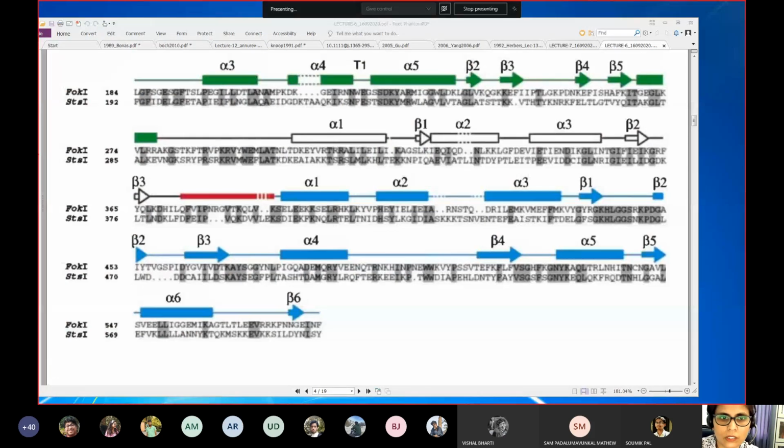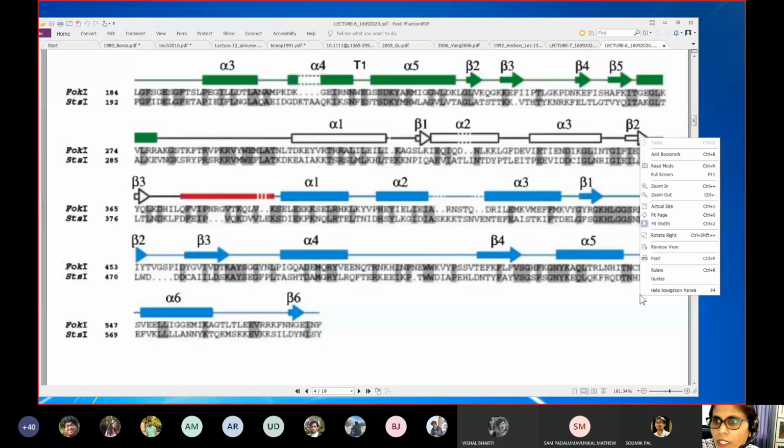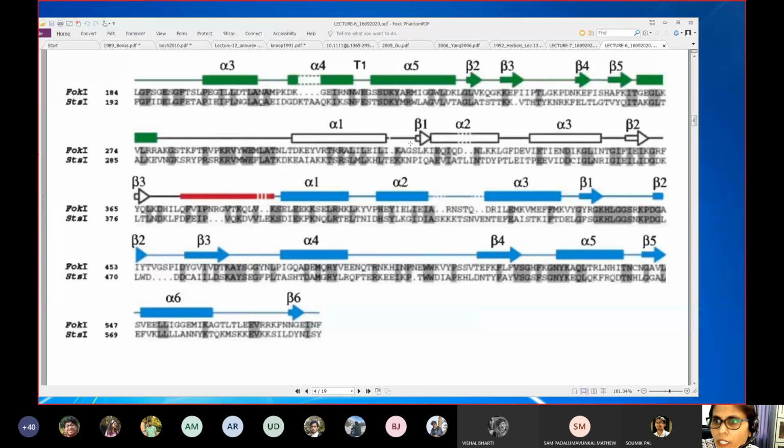So when you see this dimerization pattern, it happens somewhere in this alpha 4 and alpha 5, right? So this is just the domain. Here you have D and this R. This is important. But apart from that, you have this glutamine, and then there are these residues forming your isoleucine.